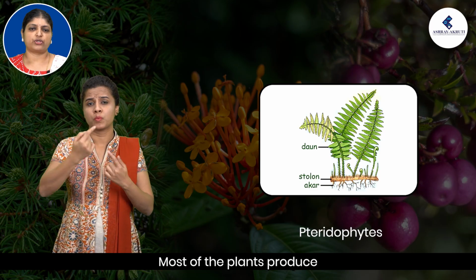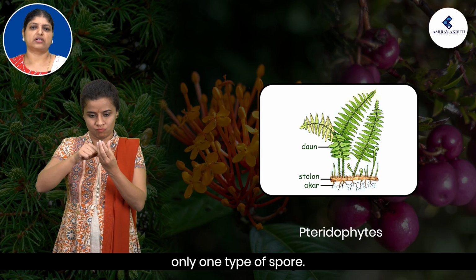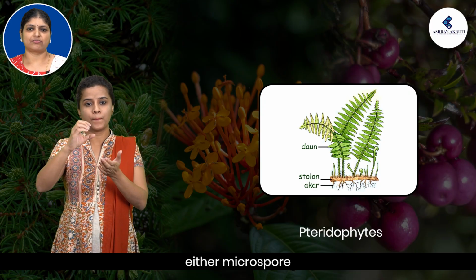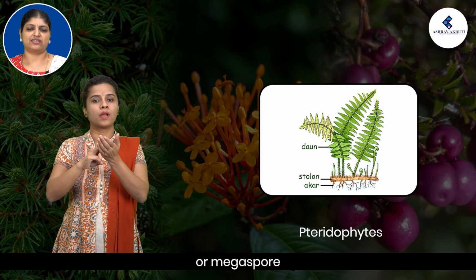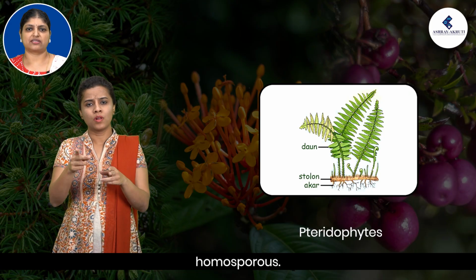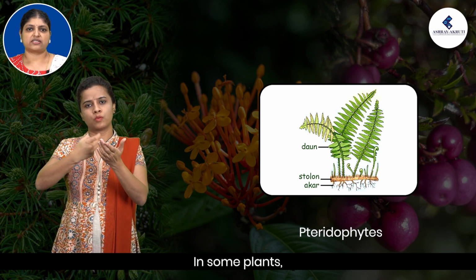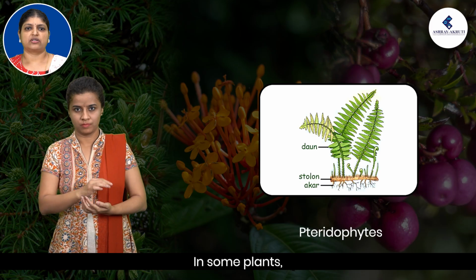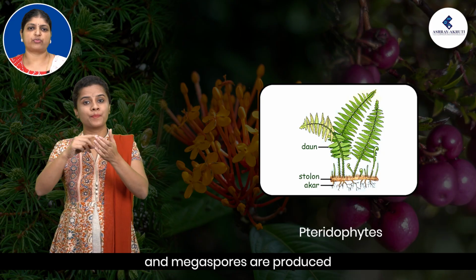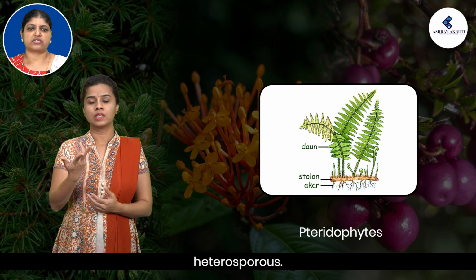Most of the plants produce only one type of spore, either microspore or megaspore, and are called homosporous. In some plants, both microspores and megaspores are produced and are called heterosporous.